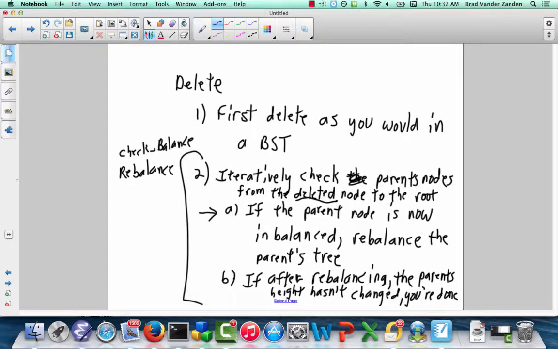Okay. When you get to 302, you will find that this is not the only algorithm that can be used to keep trees balanced.